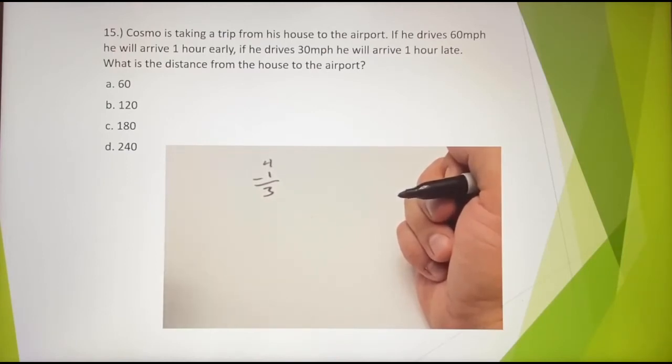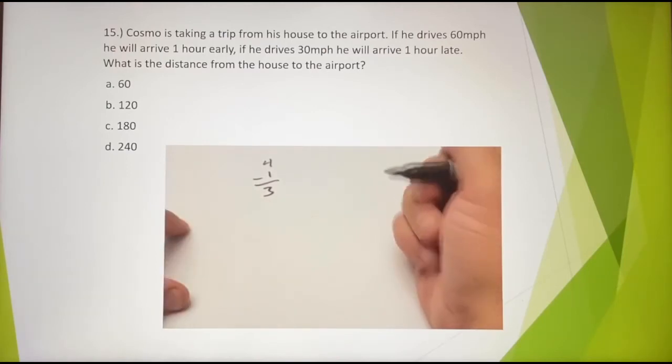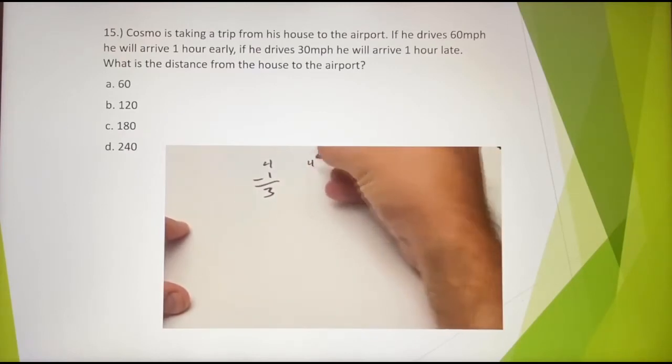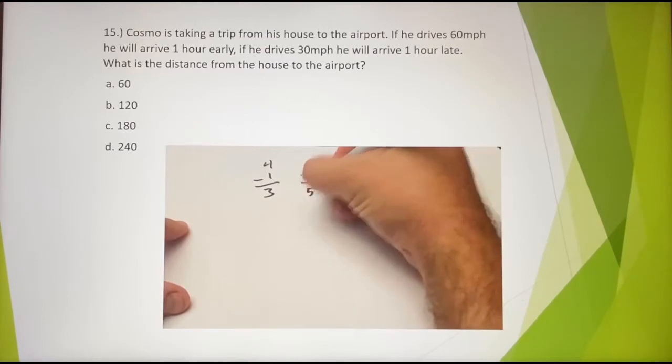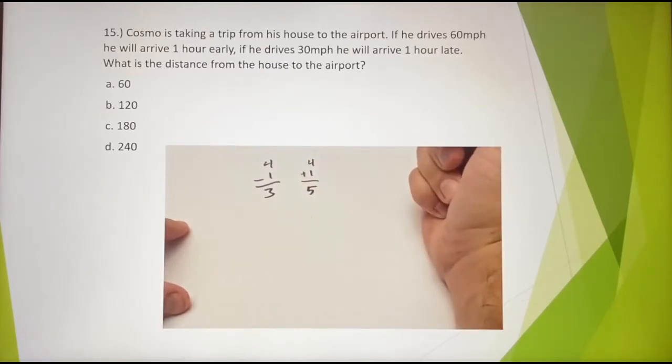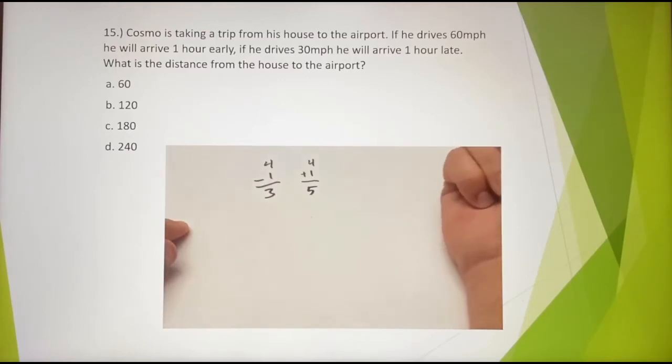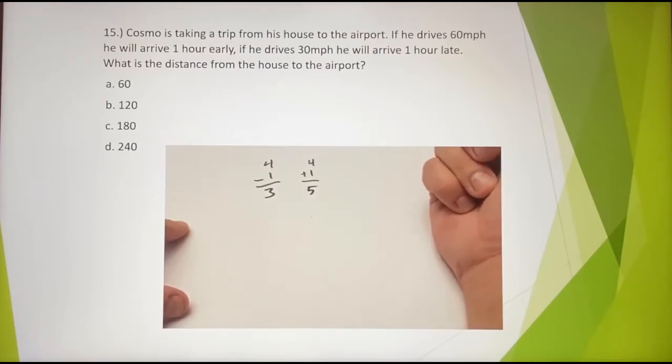And similarly, if I arrived 1 hour late, I would just add 1 hour to the time I was supposed to be there. Since we don't know, and it doesn't really matter, what time we were supposed to be there, we're just going to let our time equal x for now.